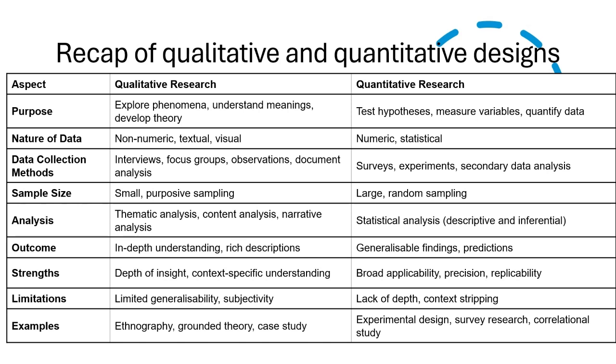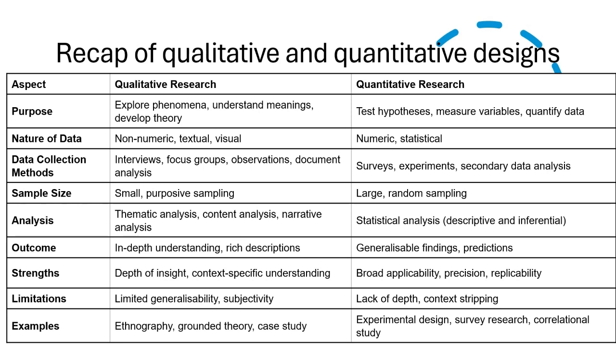Now, the outcome of these two types of design is very important. The outcome of a qualitative design is to gather in-depth understanding of a phenomenon, and we want rich descriptions. In quantitative research, we usually generalize findings, and we may at the end posit some predictions or testing in terms of theory.